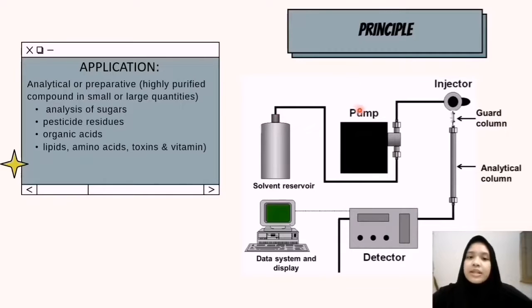The separation will occur as the analytes and the mobile phase meet and are pumped through this analytical column, and each component is going to elute from the column as a peak on the recorder. The sample is going to be detected in this detector, and this detector will give a response to each component to be displayed in a computer, and this result will be known as the chromatogram.